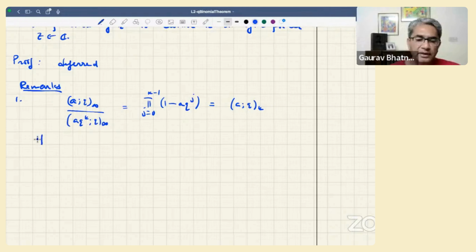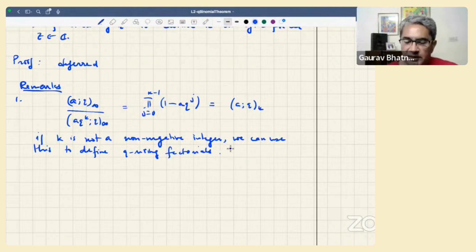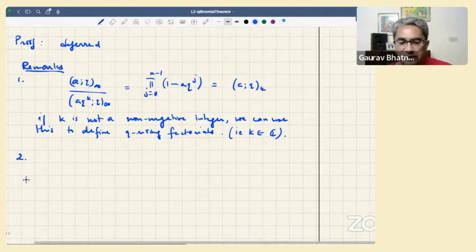And if k is not a non-negative integer, it could be any complex number, and we can use this idea to define q rising factorials.